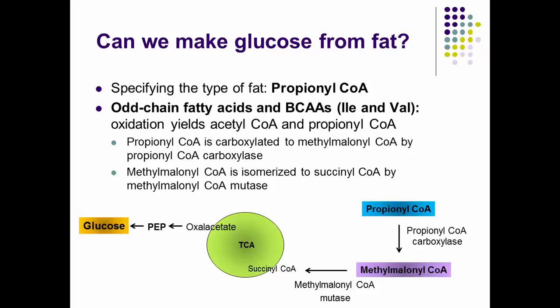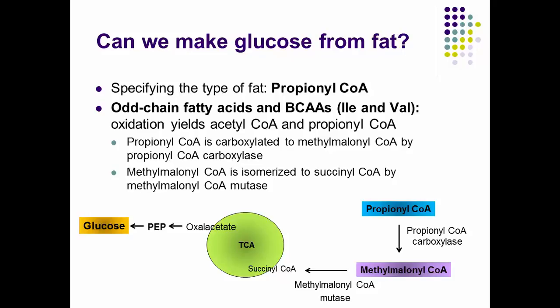First of all, propionyl-CoA carboxylase carboxylates propionyl-CoA to methylmalonyl-CoA. And the second enzyme is methylmalonyl-CoA mutase, which converts methylmalonyl-CoA to succinyl-CoA. Succinyl-CoA, remember, is one of the intermediates in the TCA cycle, right?